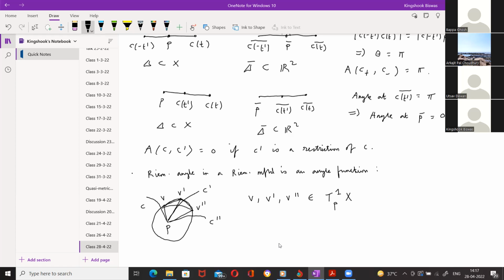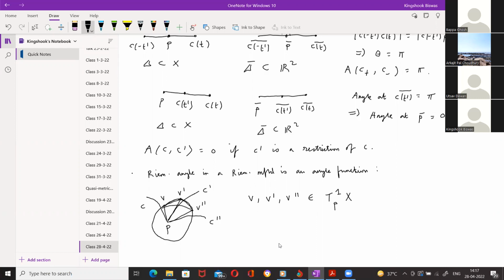So that means this angle is smaller than this angle plus this angle. Is that clear? Yes, sir. Okay, so that's it.